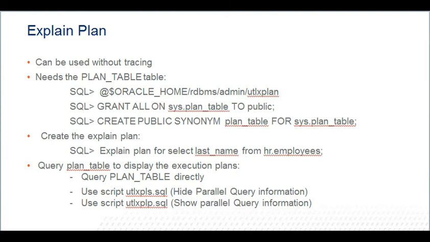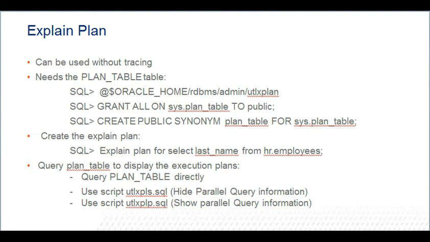Oracle creates a plan_table as a global temporary table, so all the users in the database can use it to save their Explain Plan output. However, we can create a local plan table in our own schema by running the utlxplan.sql script, which is located in the Oracle home/rdbms/admin directory.